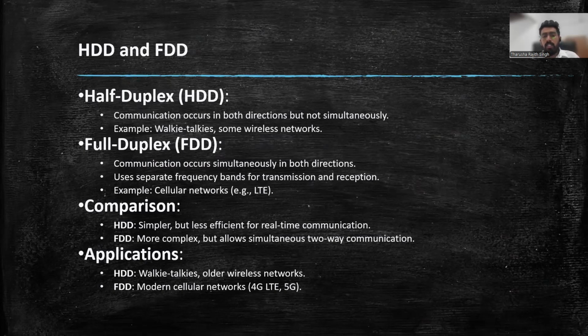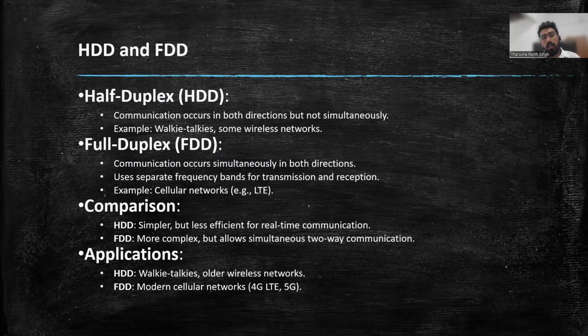HDD is less efficient for real-time communication as devices must take turns transmitting and receiving. Those are the disadvantages of both technologies. FDD is also more complex to implement and requires sufficient frequency separation to avoid interference.